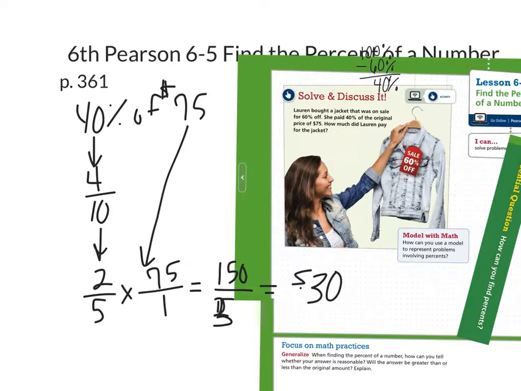So I had a moment of noticing my error there. I was going to get 150 divided by 2, which is 75. That would have been the full price that we had to start with. So there's where I caught my mistake. And notice if she's only paying 40%, she should be paying less than half of $75. So $30 would be how much she would need to pay for that jacket, plus tax.